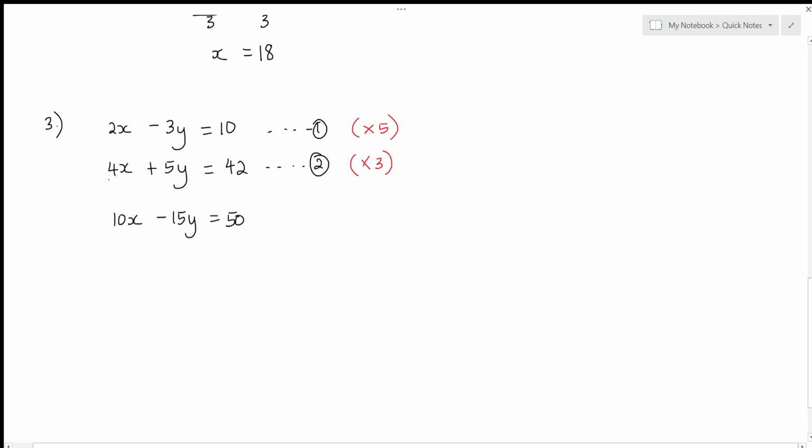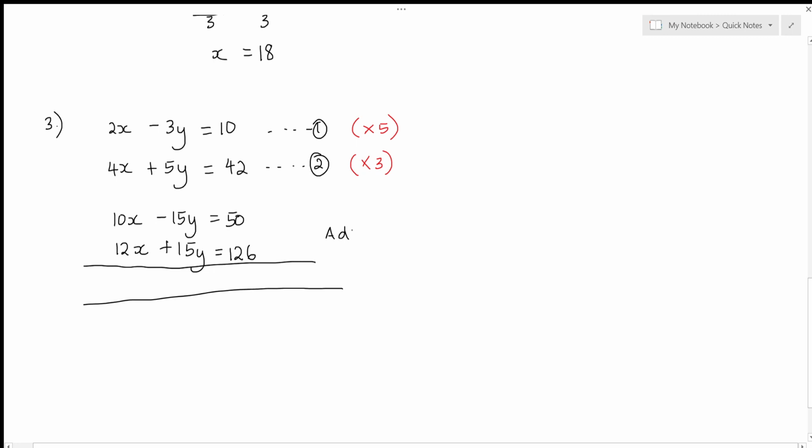The next one is 4x times 3, which would give me 12x. 5y times 3, which would give me 15y. And 42 times 3, which would give me, 3 times 2 is 6, and 3 times 4 is 12, so it's 126.